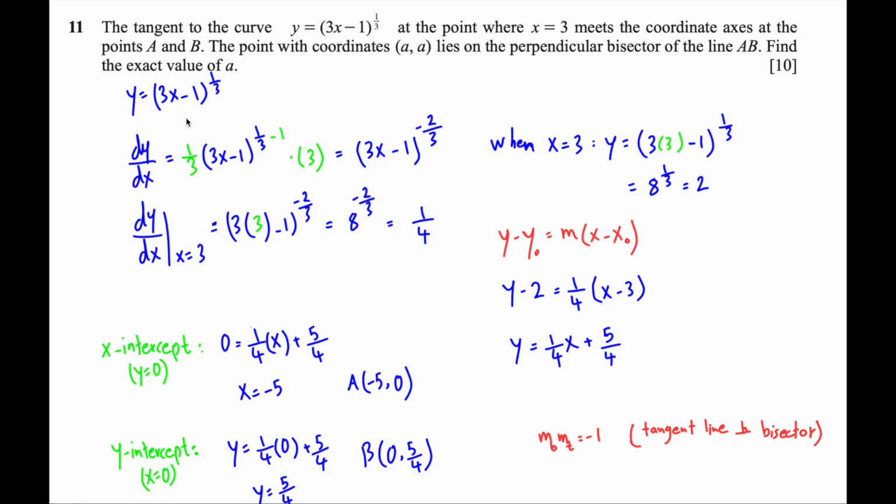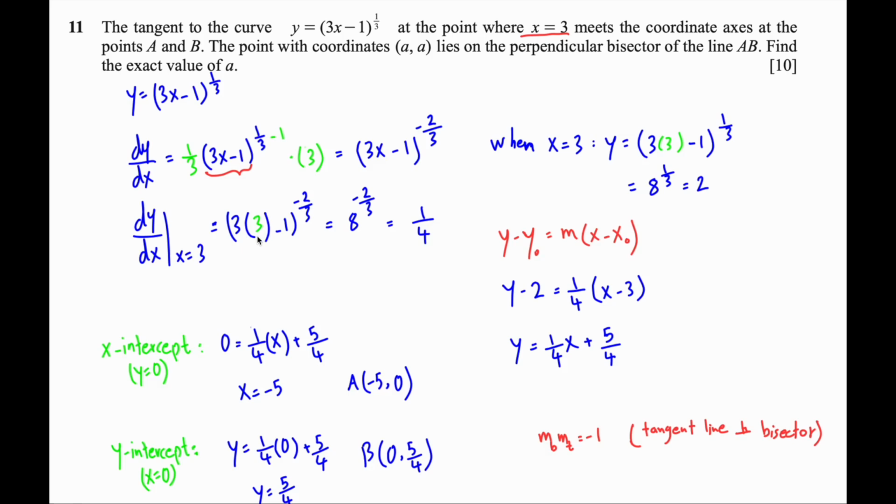Once you're taking the derivative of this curve, you have to be careful because there is chain rule involved. Basically, derivative of outside, which is the power subtracted by 1. However, don't forget to bring the power down and then multiply by the derivative of inside, which is 3. And this is what I get. All you have to do now is to make the substitution for x.